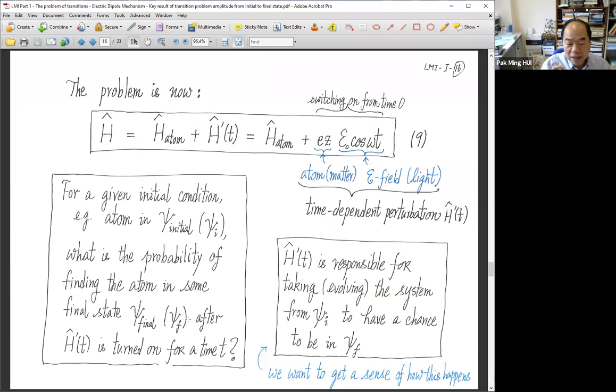That is to say, what is the probability that transitions have been made? Okay, so that is the question. So is the question defined clearly? Do you understand the question? Any question about the question?